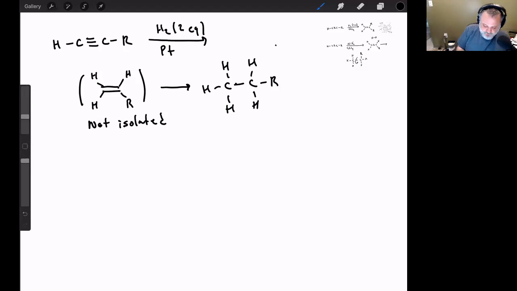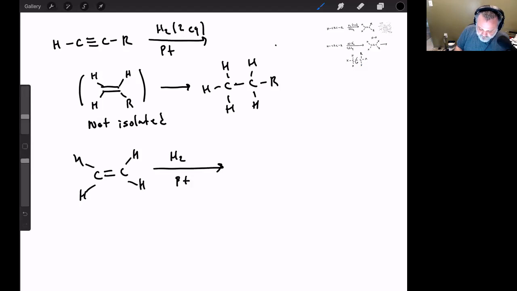And so again, I don't think that's very different from this reaction, where I have H2 and platinum, and I fully reduce the double bond into a single bond. The same thing happens with a triple bond.